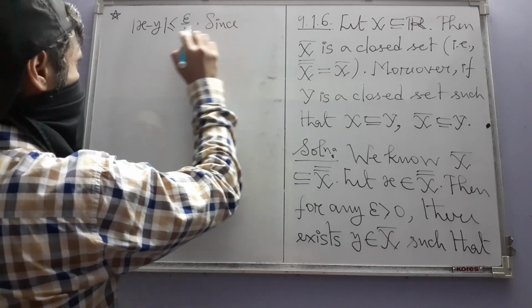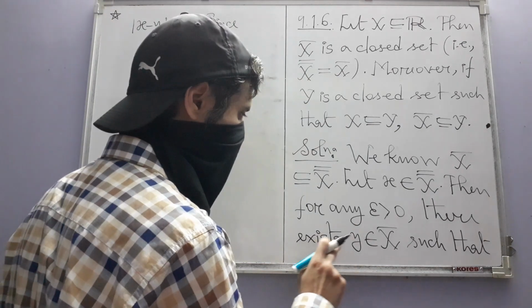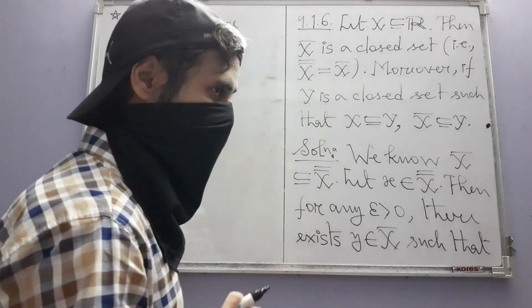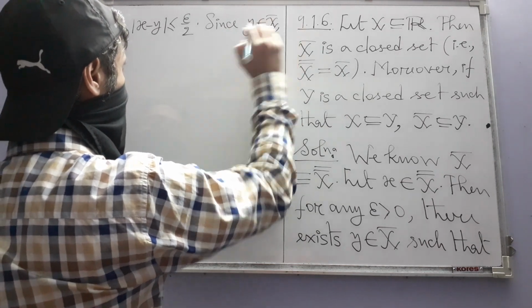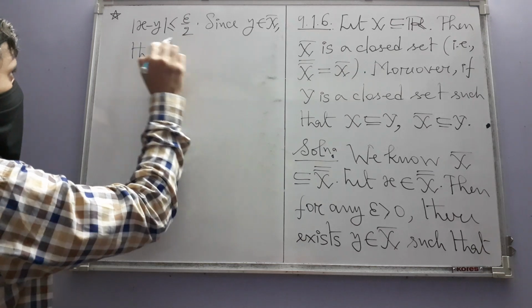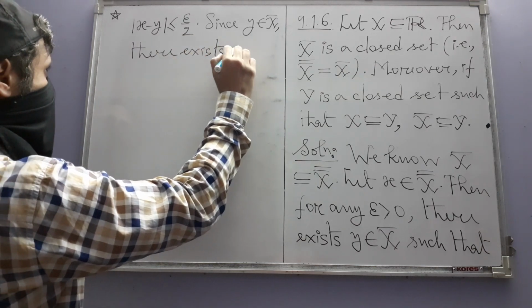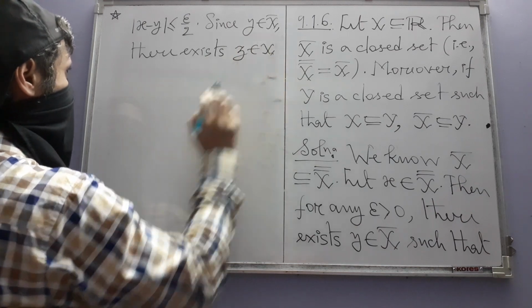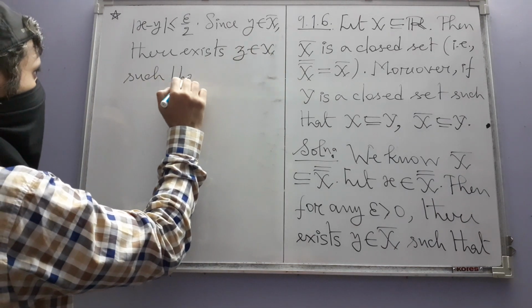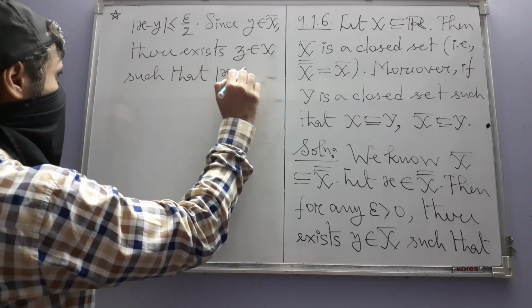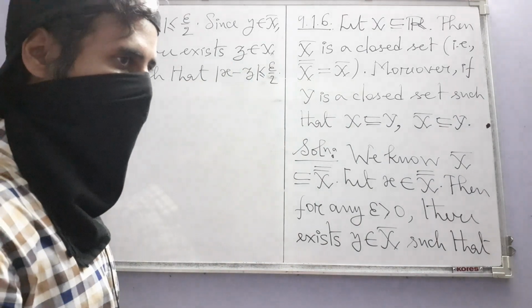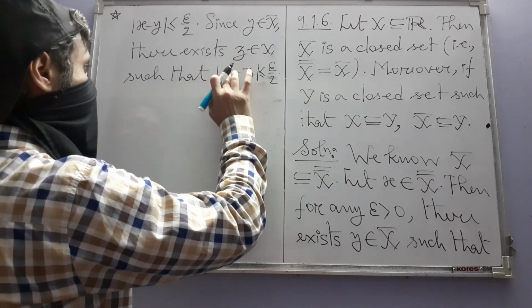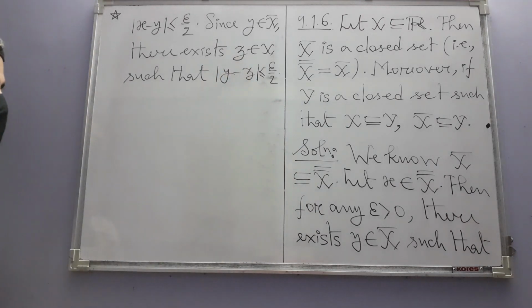But this is not where the story ends, because y is also in the closure of X. So y is an adherent point of X. So there now exists a point z in X such that z is also epsilon over 2 close to, oh sorry, it's not x, it's y, because we are getting z for y.